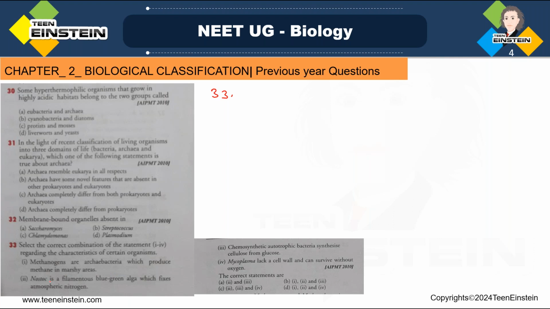Second statement: Nostoc is a filamentous blue-green algae which fixes atmospheric nitrogen. And the third statement they have given: chemosynthetic autotrophic bacteria synthesize cellulose from glucose. And the fourth statement is Mycoplasma lack a cell wall and can survive without oxygen.